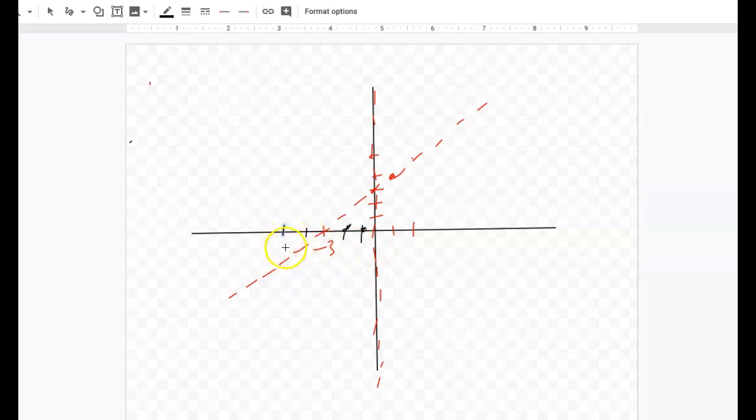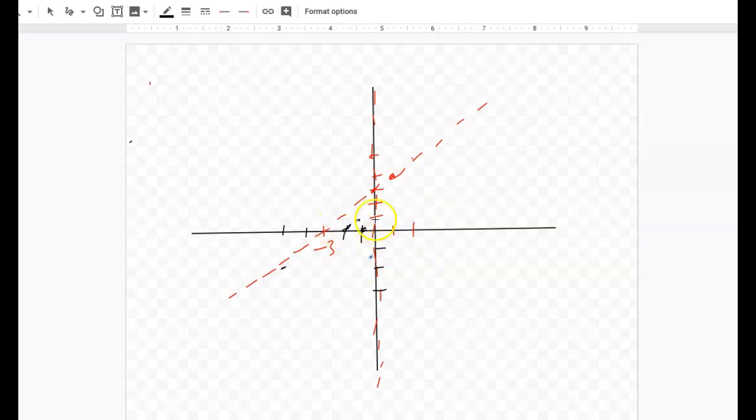Since we know it's below, it's about right here, negative 2.4 is there. Another point was negative 1.5, 0.167, so right around here. Negative 0.5, negative 1.5, so around there.